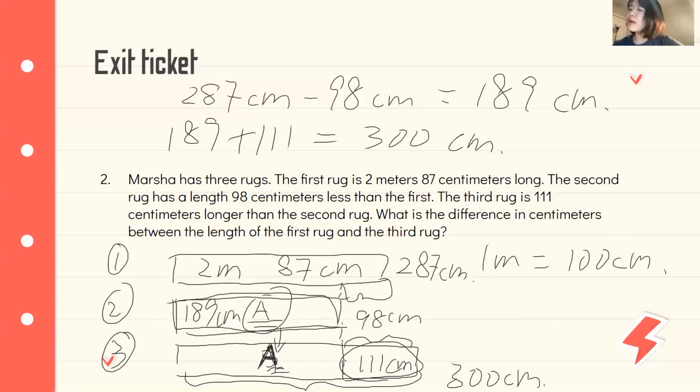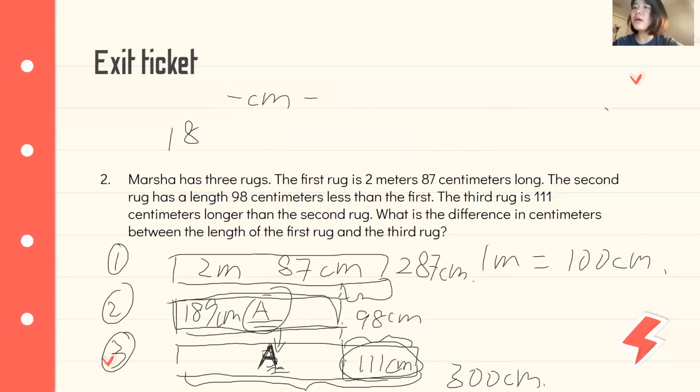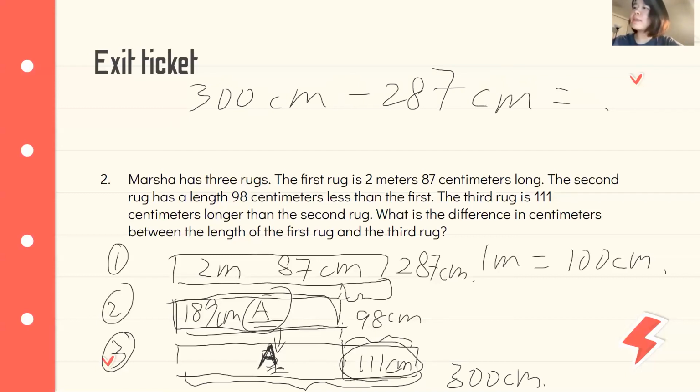Okay, and our final question is, what is the difference in centimeters between the length of the first rock and the third rock? So we'll need subtraction. I will use 300 centimeters minus 287 centimeters, and that gives us 13 centimeters. And this is the difference in centimeters between the length of the first rock and the third rock.